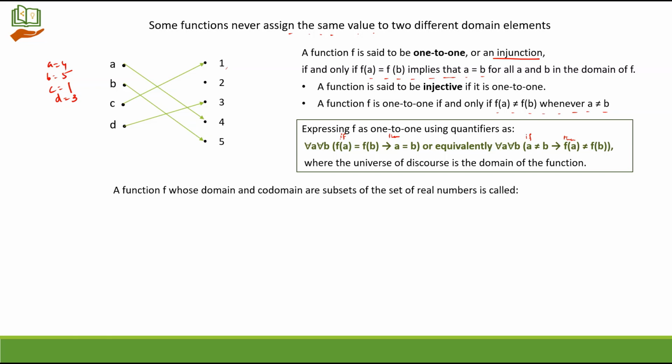A function f whose domain and codomain are subsets of the set of real numbers is called increasing whenever f(x) is less than or equal to f(y). When f(x) is less than f(y), the condition is strictly increasing. What about decreasing?